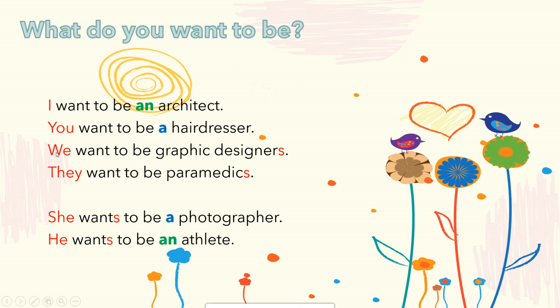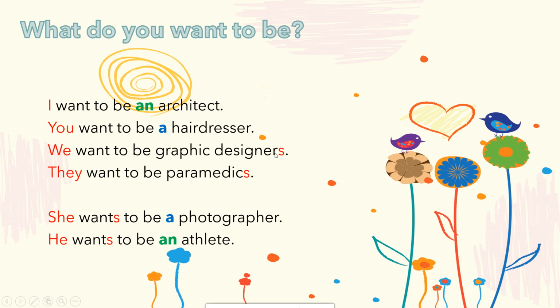Look over here. We. We is not a singular pronoun. We is plural. A lot of people. We want to be graphic designers. So we put S here and we do not put either a or an. We use a or an when it's singular, when it's just one person.